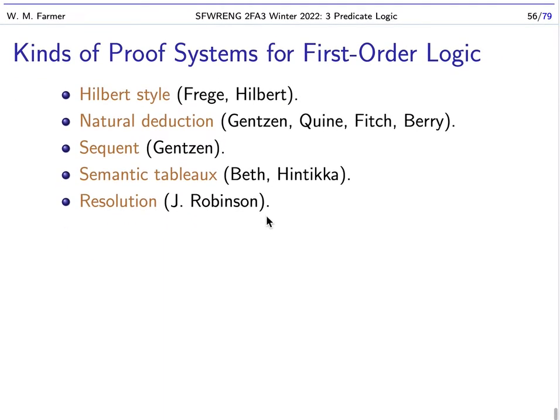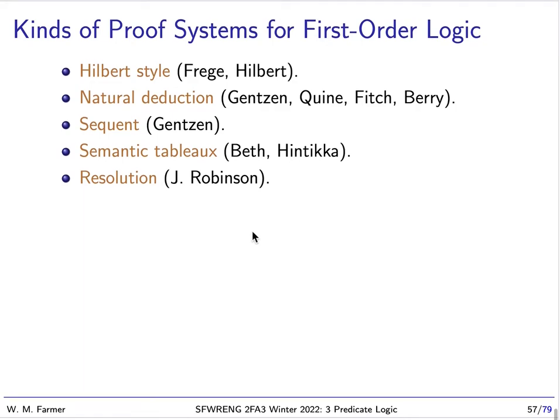Okay, so there are many kinds of proof systems for first-order logic. I mentioned some of the main ones and the people who have developed these. The first kind, the Hilbert system, we can think of as being a particularly simple system. These two, natural deduction and sequent, are very natural and practical systems.